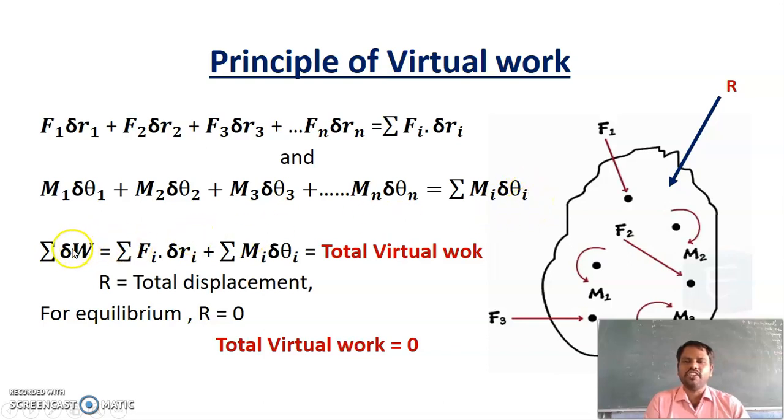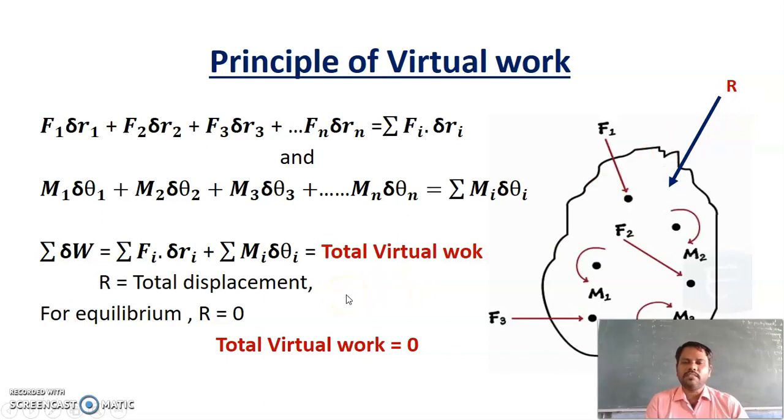So the total virtual work is the sum of the virtual work due to linear forces and the virtual work due to moment couples. These total forces acting on a body give a resultant displacement R.